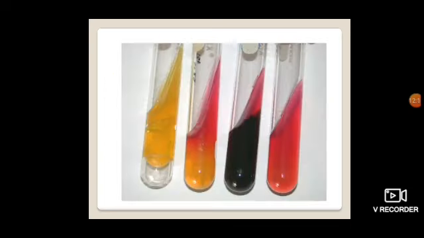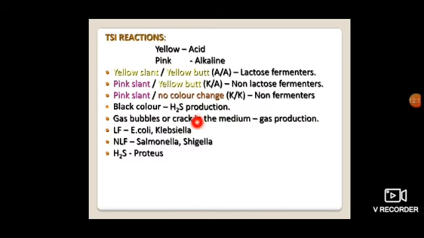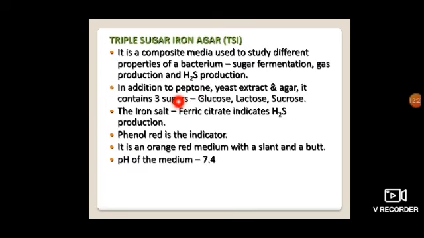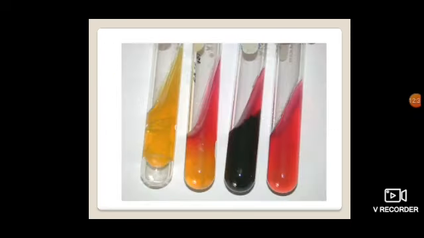In the first diagram, we can observe the formation of gas. So the gas bubbles and cracks in the medium indicate the gas production process. So this is about the triple sugar iron agar test.